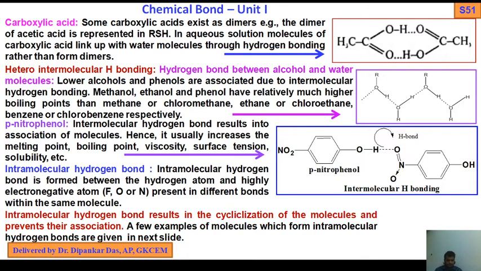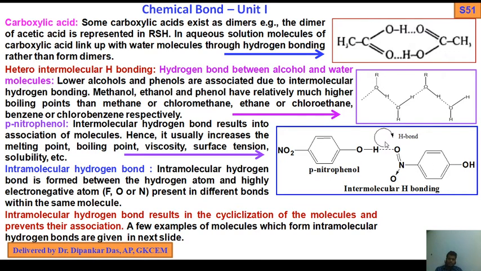Now, para-nitrophenol, one of the most important examples. This is the nitro group on the benzene ring, para substituted, and this is the OH group. So para-nitrophenol has an NO2 group at the para position. What will happen?